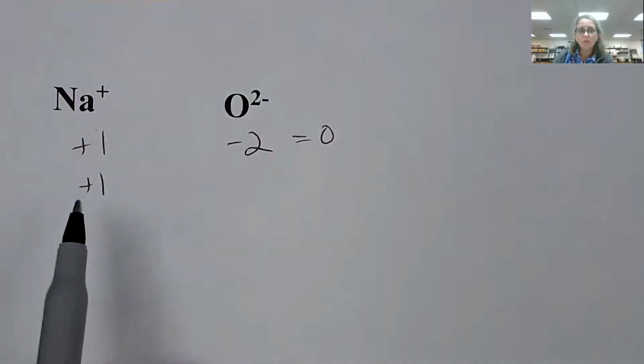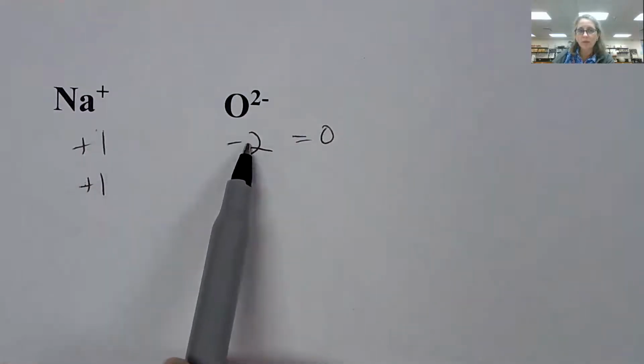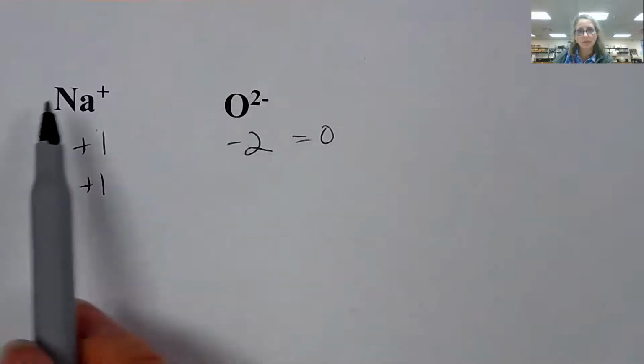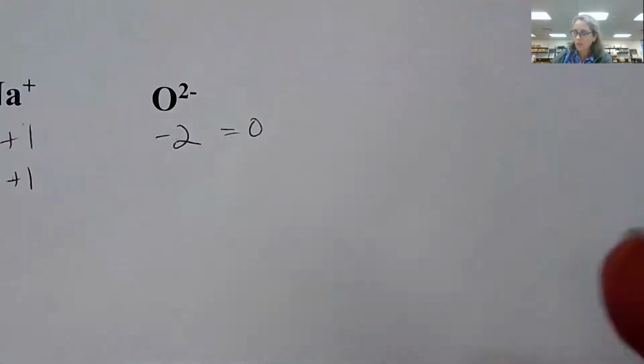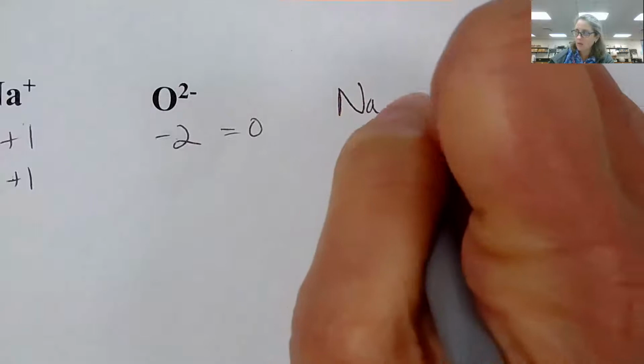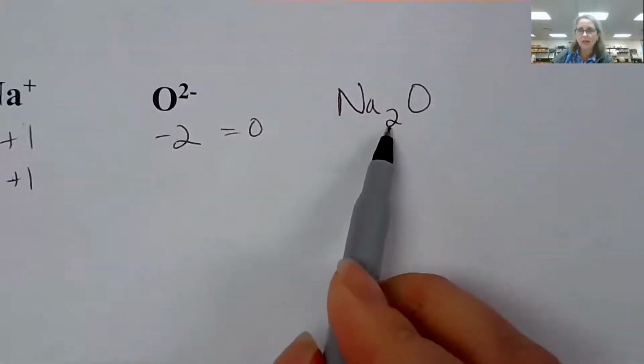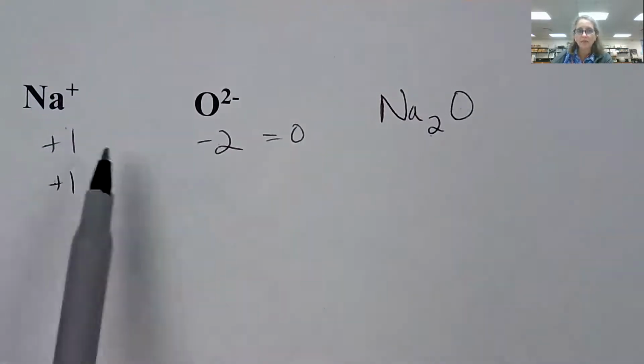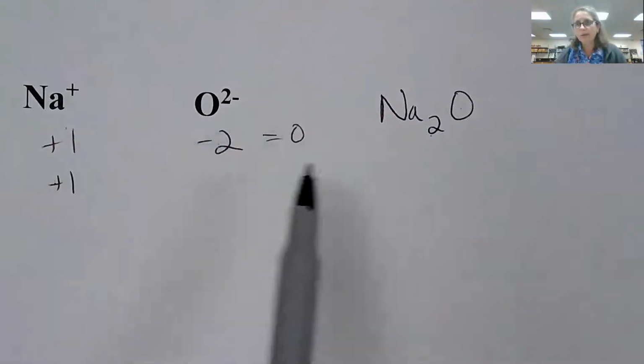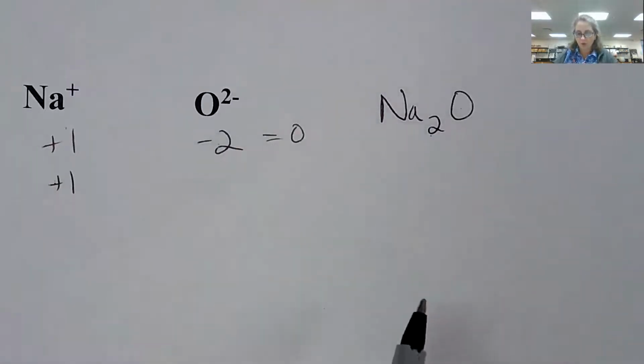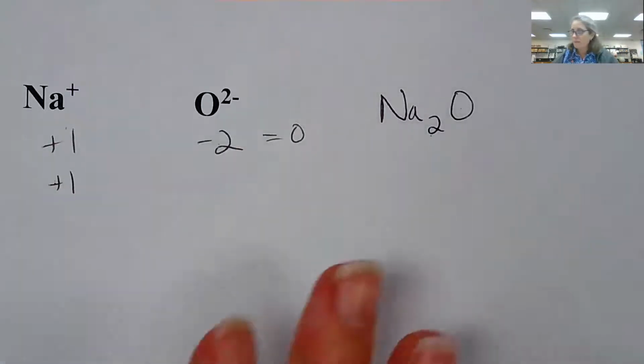I need 2 of the positive 1s to add up to 1 of the -2s to get my formula to equal 0. How I write that in chemistry is a subscript. So Na2O is my formula for sodium binding with the oxygen at a -2. So that is a binary compound.